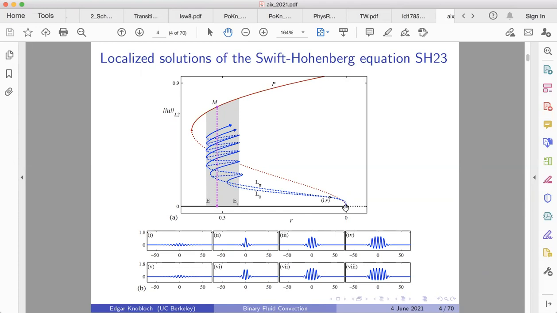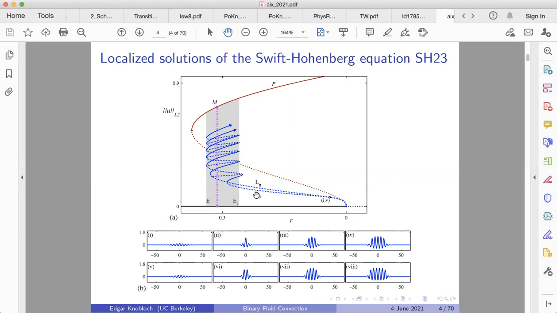Now, what is interesting about this problem is that on the infinite line, this primary bifurcation at R equals 0 doesn't produce only a pattern state, like a convection state, but it also generates two branches of spatially localized structures. I'm calling these L0 and L pi, and they're also subcritical and also unstable initially.